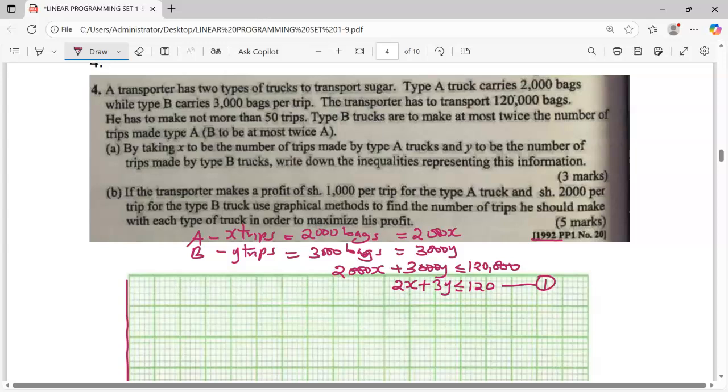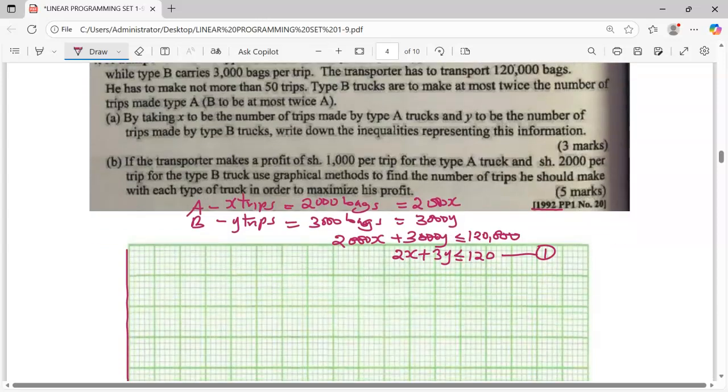We have also been told that the transporter has to make not more than 50 trips. Remember, we have x trips plus y trips, and not more than means less or equal to 50. This becomes the second inequality.